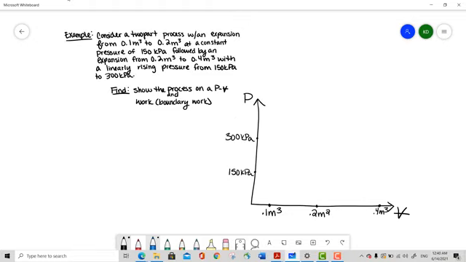Okay, and so we know that we consider a two-part process with an expansion from 0.1 to 0.2 at a constant pressure of 150. So we know that that's going to look about like that, right?